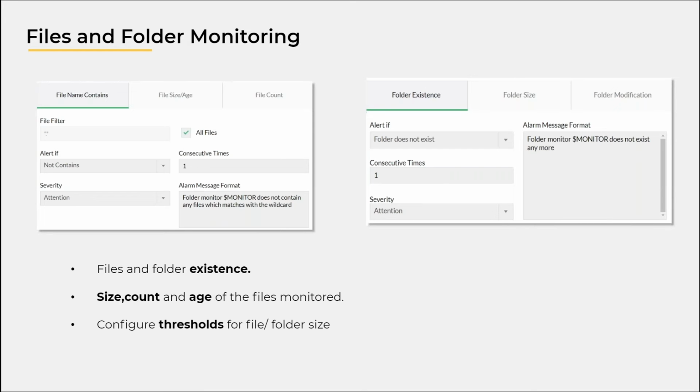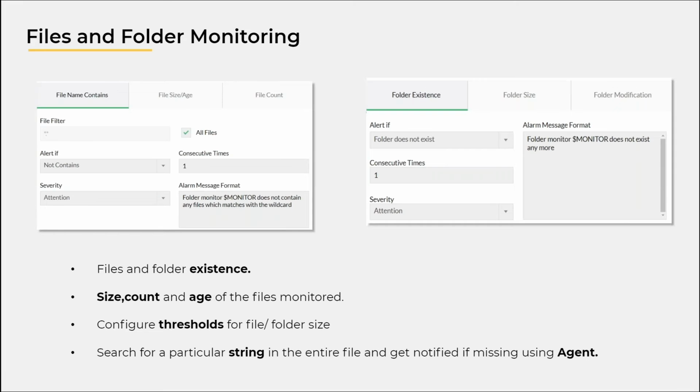Also configure thresholds so that if a file exceeds a certain limit of size or a certain limit of count, you can get alerted. Another important point: say you've got an MS SQL server where you are monitoring the log folder, and in a particular log file you look for a particular string.